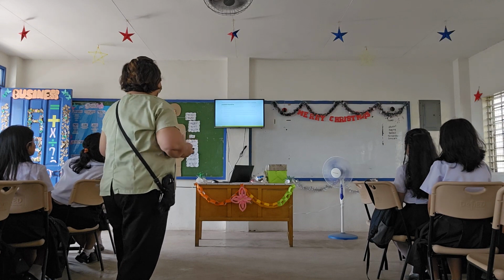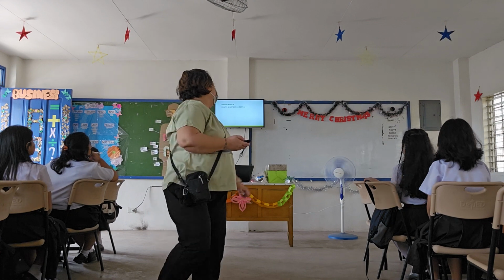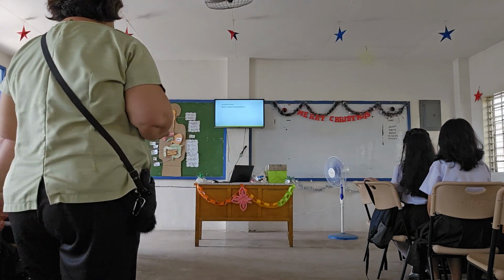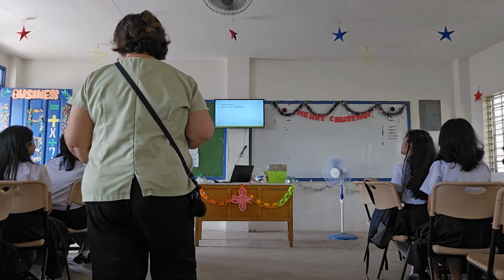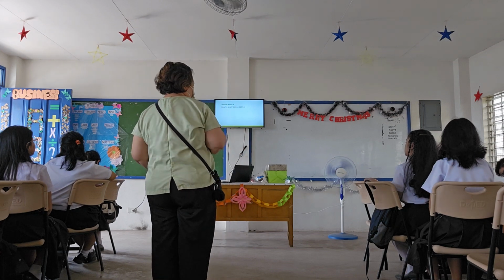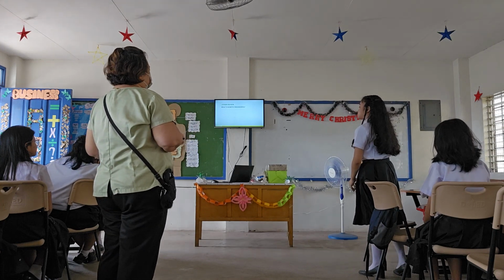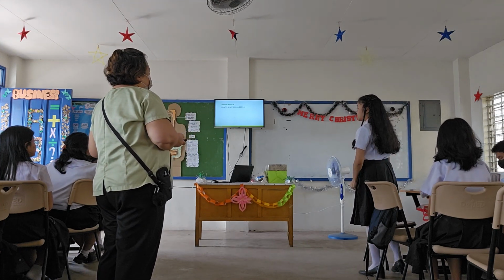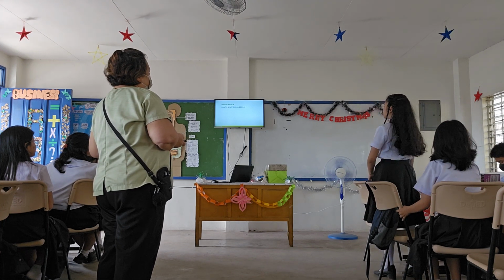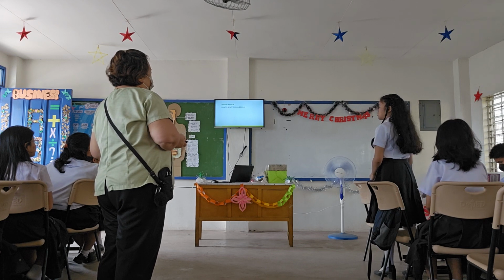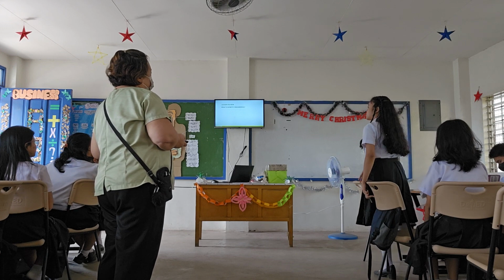Okay, thank you. So let us have a quick review of our lesson last time. Last time we studied about genetic engineering. So what is genetic engineering again? In your own words, you can answer. What is genetic engineering? Athena? Genetic engineering is changing the sequence of your DNA to form a new DNA sequence or to have something newly made according to your own modification.